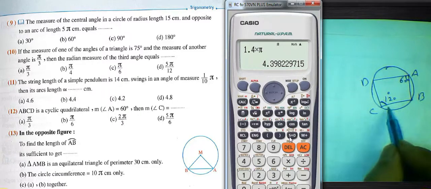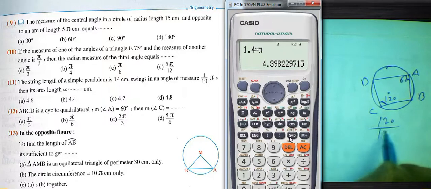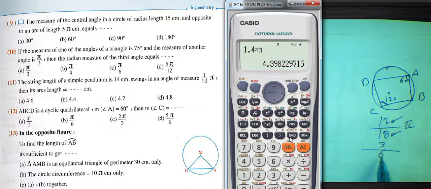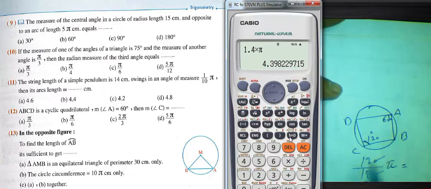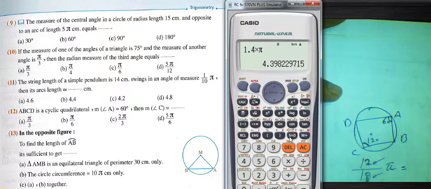We want to convert 120 degrees to radians: 120 divided by 180 multiplied by pi. We cancel 0 by 0. 12 divided by 4 equals 3, 18 divided by 4 equals 6. We can divide again by 6 after: 12 divided by 6 equals 2, 18 divided by 6 equals 3.